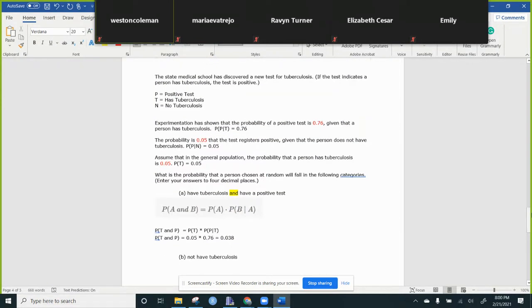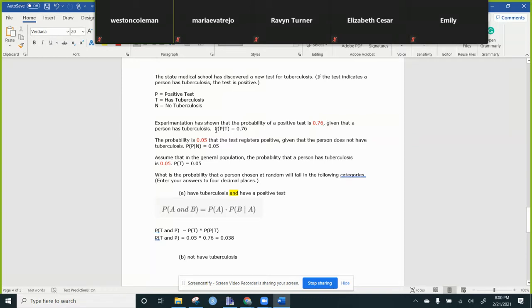So, a state medical school has discovered a new test for tuberculosis. If the test indicates a person has tuberculosis, the test is positive. All right. So, I gave myself a P for a positive test, a T if you had tuberculosis, and an N if you did not have it. All right. So, they told me experiment shows that the probability of a positive test is 0.76 given that a person has tuberculosis.